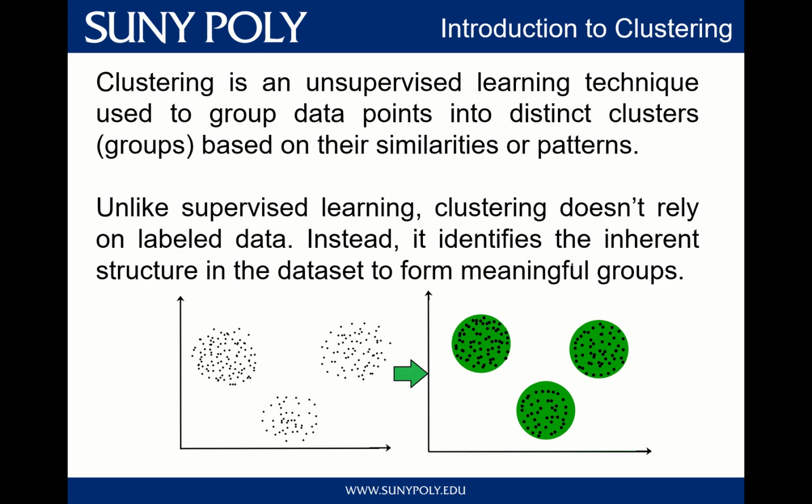In the case of clustering, this is how it looks. Initially we have two variables, let's say x1 and x2. You can visualize the data, and of course you will see that you can cluster your data into three groups. So the technique will identify those clusters.